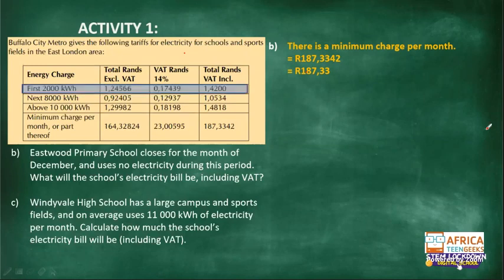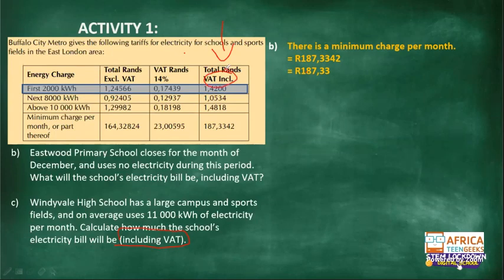So we're going to go through step by step again. The first 2,000, but now we just have to make sure, because they tell us in the question, including VAT, right? So now we are going to use the numbers in the very last column, the including VAT.